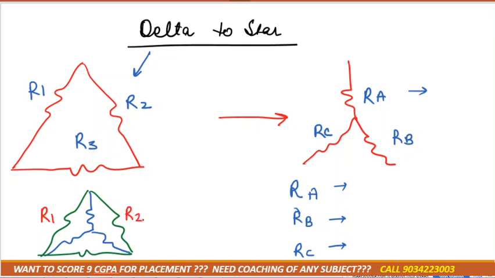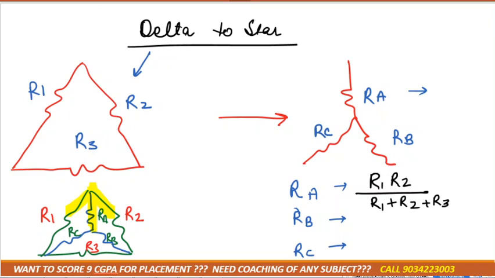Suppose this one is R1, R2, R3, and one is RA, RB and RC. As you can see, RA is connected between R1 and R2, right? So its formula would be R1 into R2 divided by R1 plus R2 plus R3.